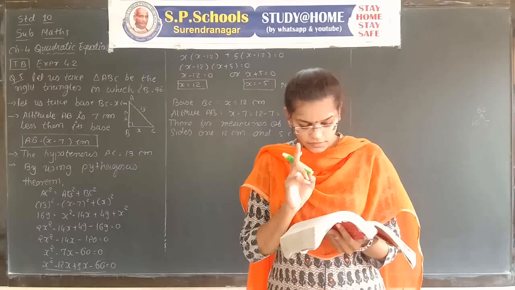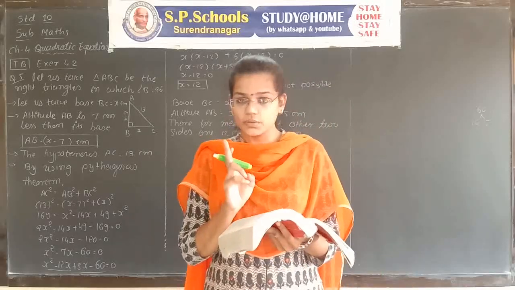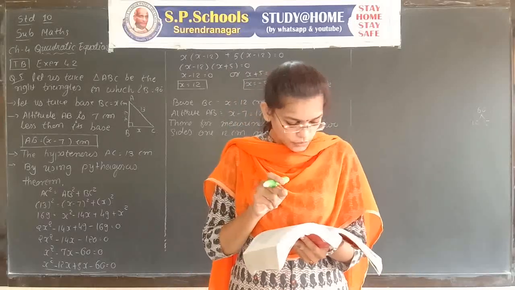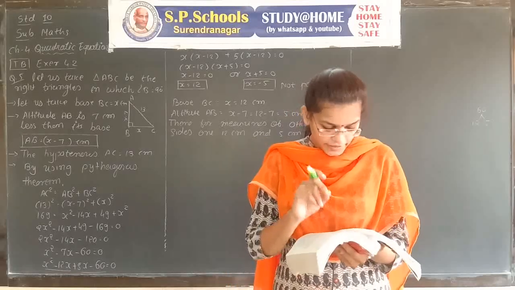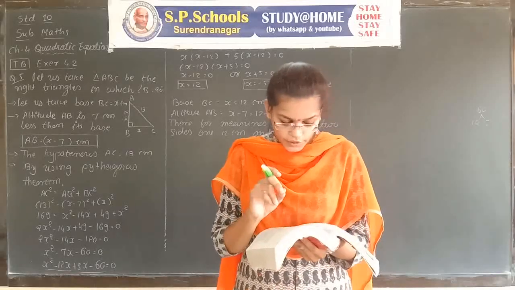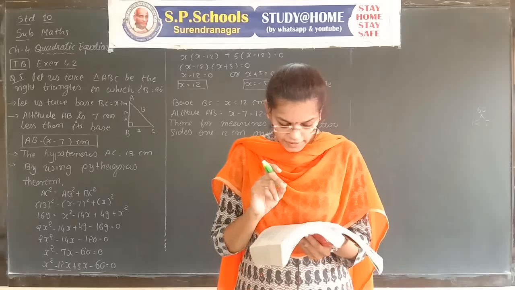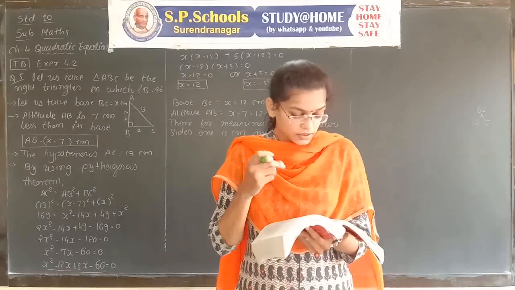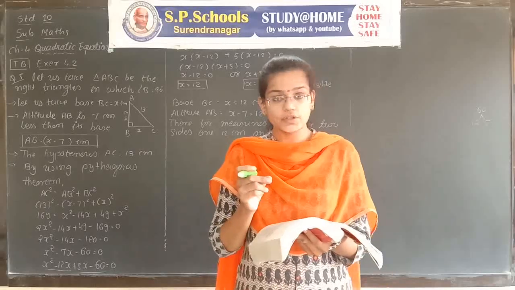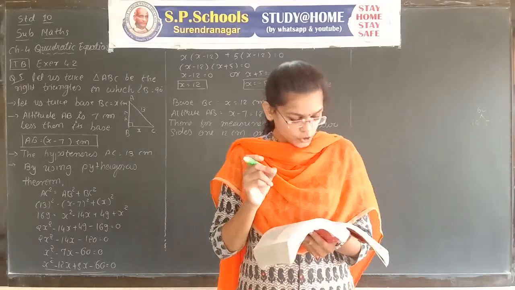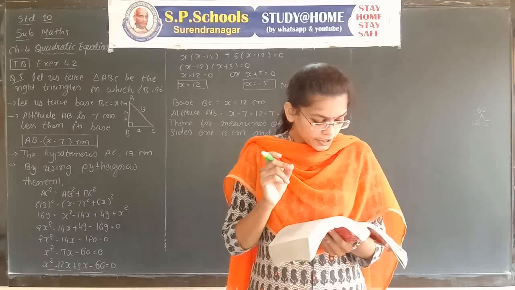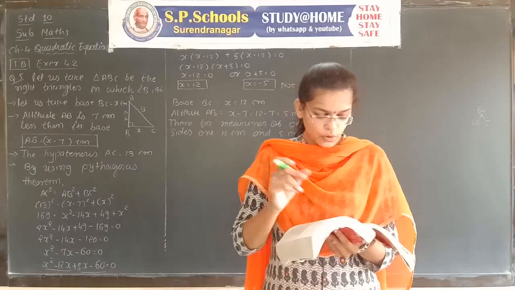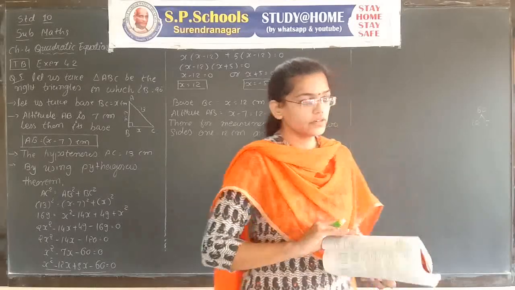First of all, see the first line. It was observed on a particular day the cost of production of each article was 3 more than twice the number of articles produced on that day. So assume x as the number of articles produced on that day, meaning produced in one day.